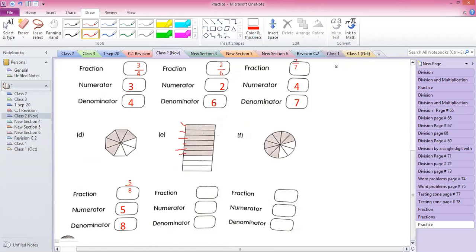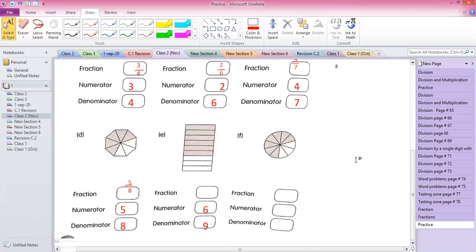So there are 6 parts out of 9 parts that are shaded. So we will write 9 in the denominator, because there are a total of 9 parts. And we will write 6 in the numerator. Out of 9 parts, 6 parts are shaded.